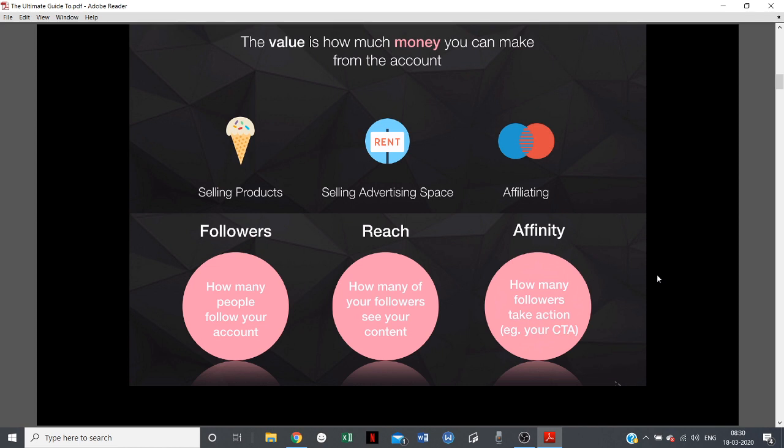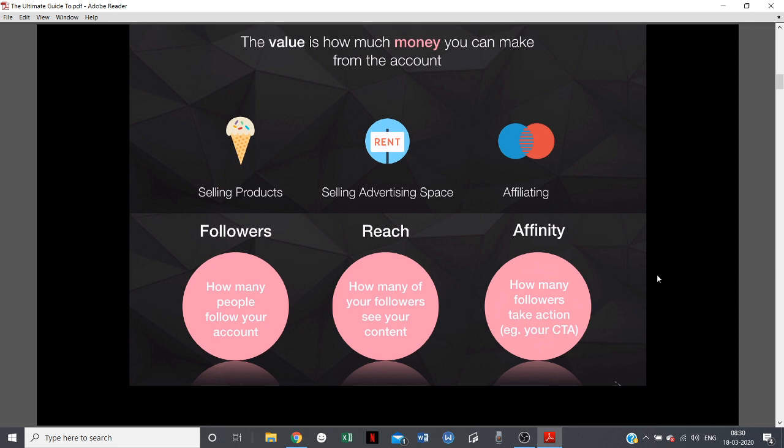The second thing is you're looking for how much reach your page has. Reach is ideally the number of people who actually saw your content. Now there's a whole algorithm of how Instagram works.